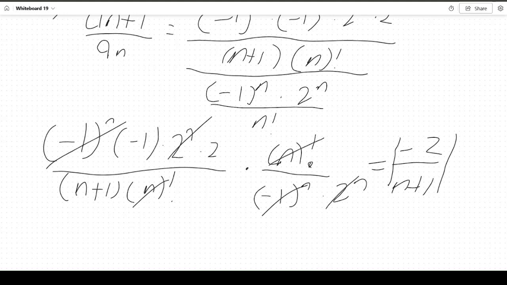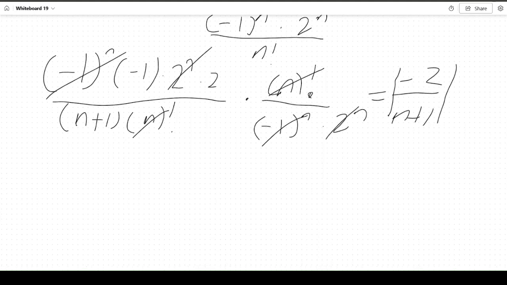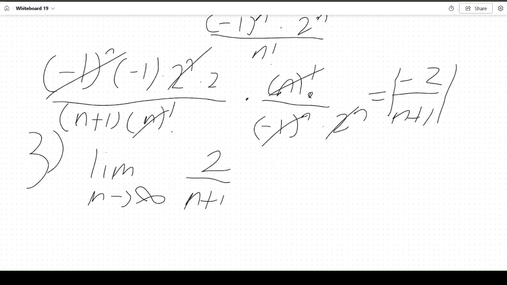And now we have to do our third and final step. We have to take the limit, always to infinity. So this will be 2 over n plus 1, and we can do that easily by dividing by the greatest denominator.